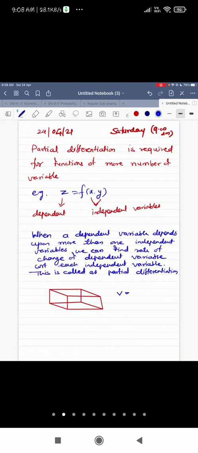Suppose the length of the parallelepiped is L, breadth is B, and height is H. So what is the volume? Yes, it is L into B into H.